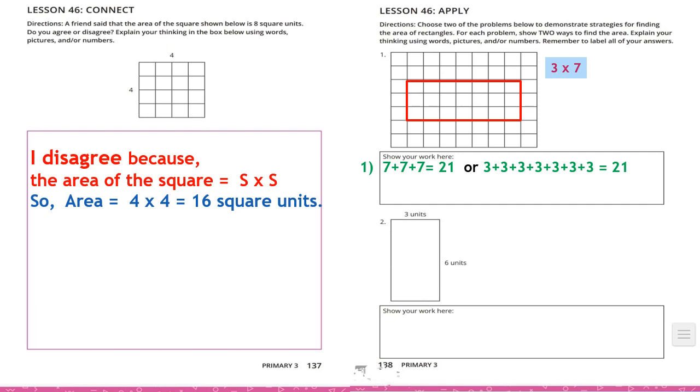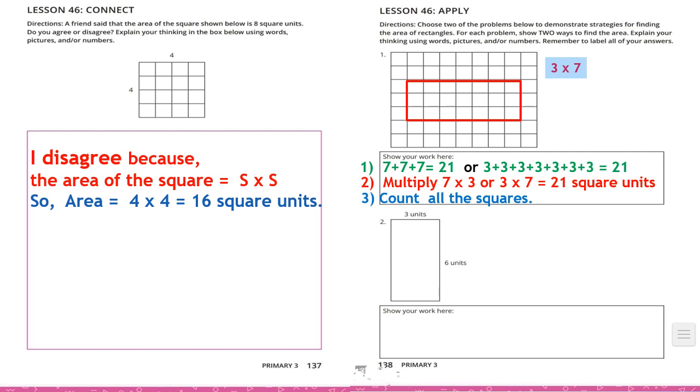If we want to find the area of this shape by different way, we can find it by multiplication. We can multiply rows times columns, or length times width, which equals 3 times 7, or 7 times 3 equals 21 square units. We can also add a third way by counting all squares.